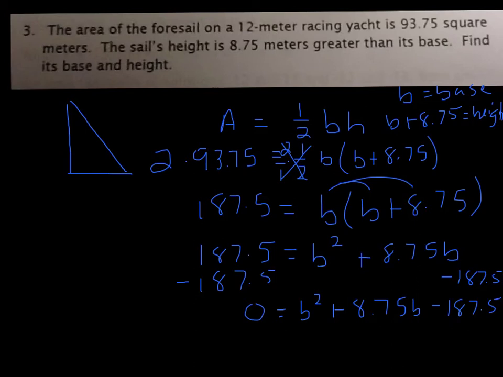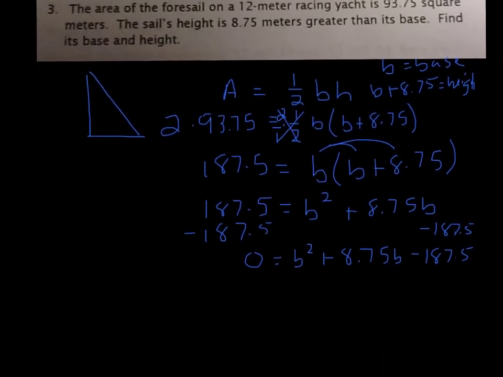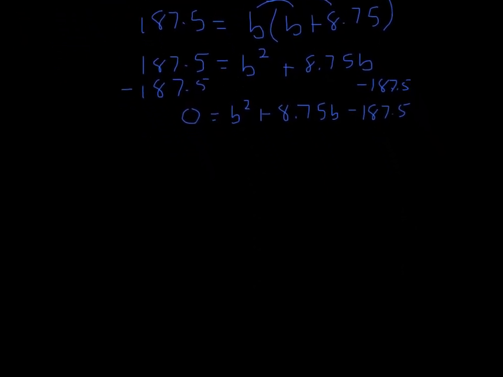Let's move this a little bit so I get more room. Our factor is going to be the same thing. It's going to be 0 equals b in the front and the back, and then you have 18.75 and 10.